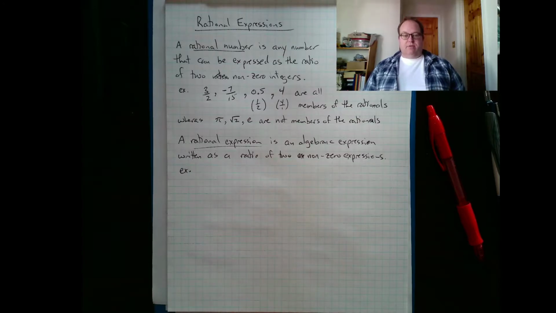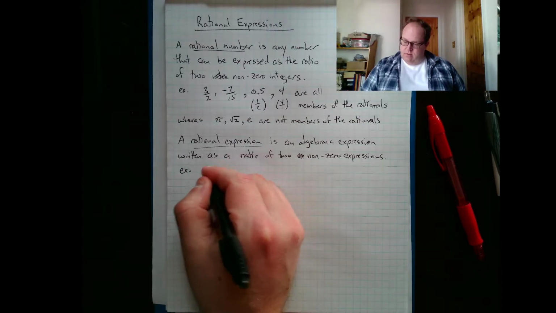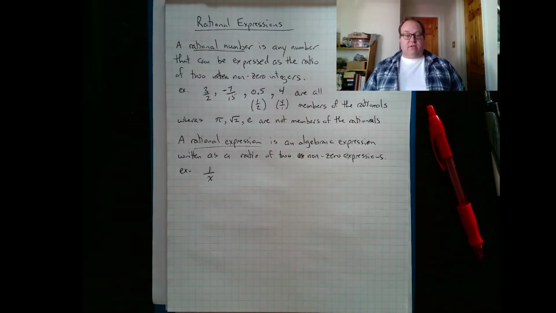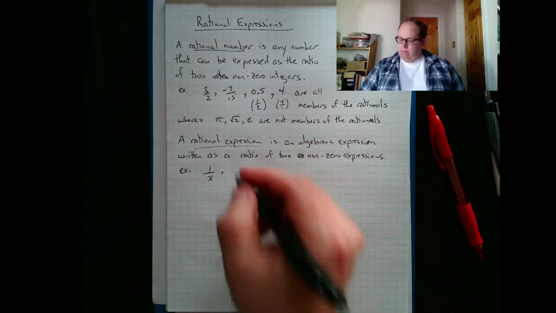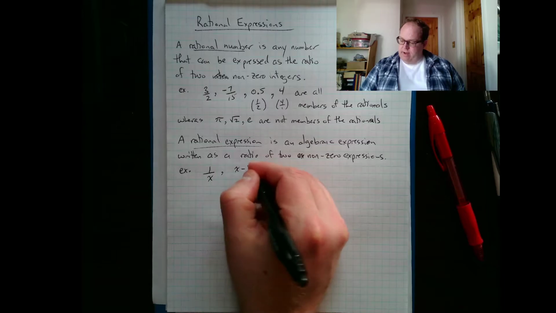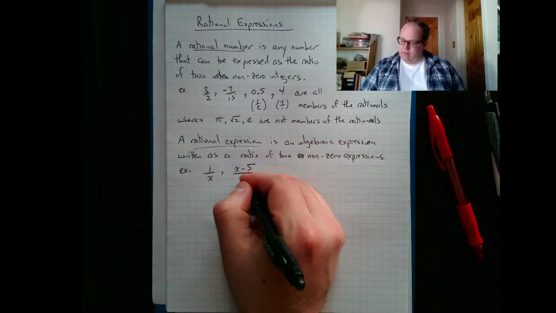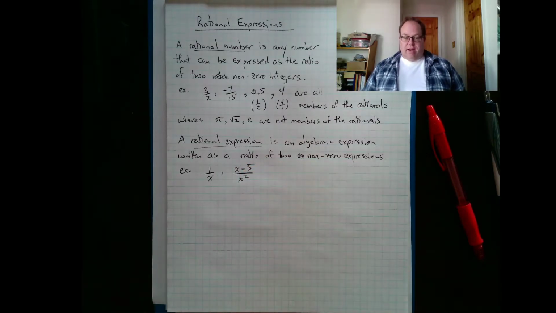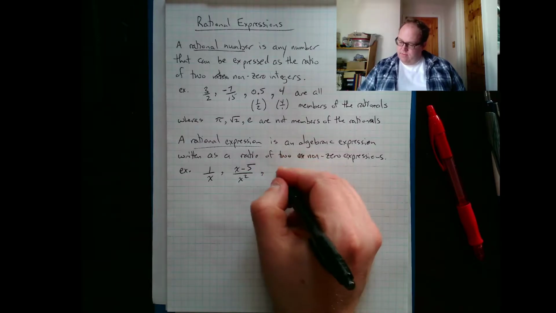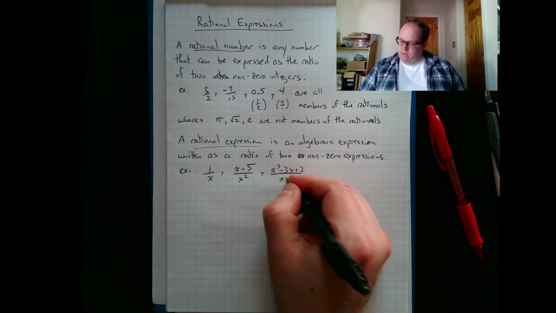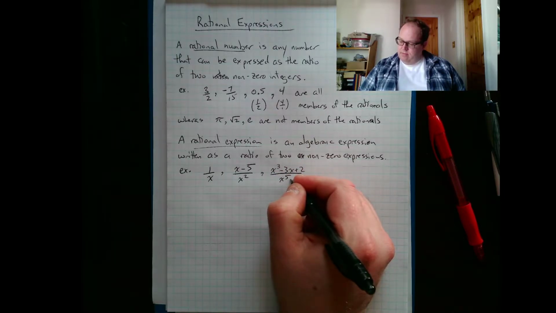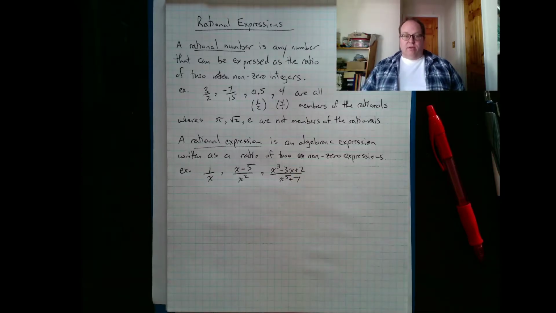A few examples of this. 1 over x could count as a rational expression. x minus 5 over x squared could count as a rational expression. x cubed minus 3x plus 2 over x to the fifth plus 7 would be a rational expression, and so on.